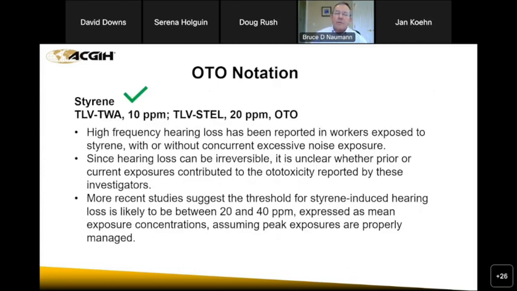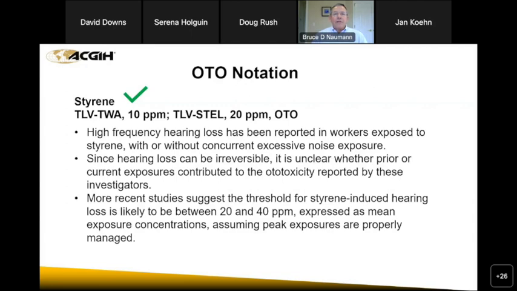Styrene is a poster child for the auto notation, and the TLV was recently updated, with the STEL including an auto notation. There were plenty of human data in this case. It was a difficult data set to review because you wonder how much of the hearing loss resulted from prior exposures, because it's permanent. The more recent studies did show that it's possible, in the range of 20 to 40.